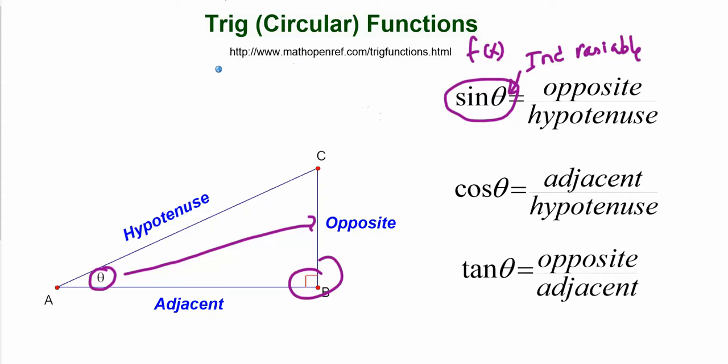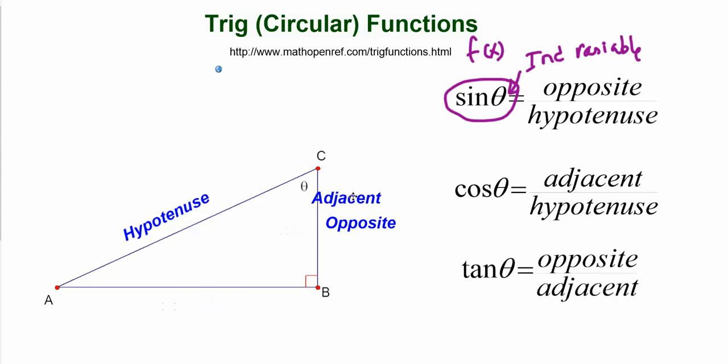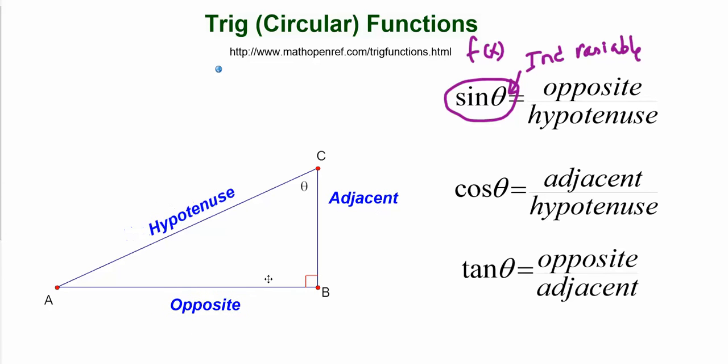Now, if I decided to change my reference angle to this angle over here, this now becomes adjacent and this now becomes opposite. My hypotenuse will always stay the same, which of course is opposite to 90 degrees. So we have opposite over hypotenuse for sine.